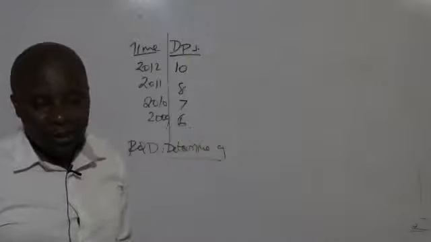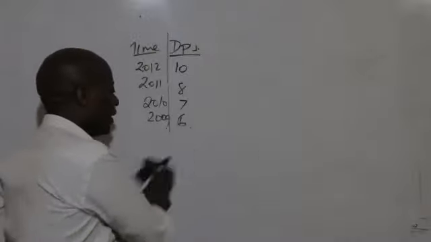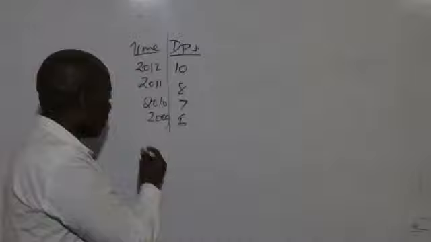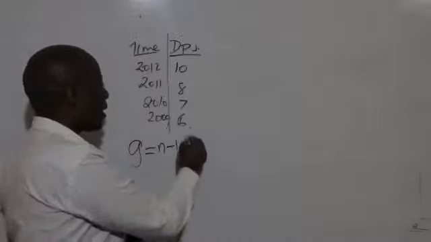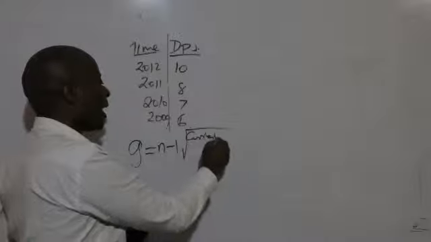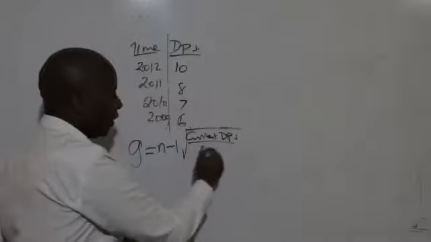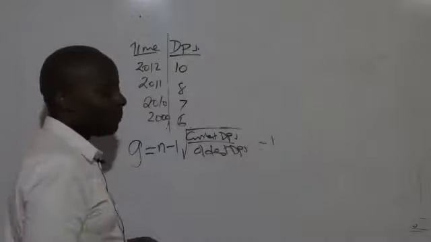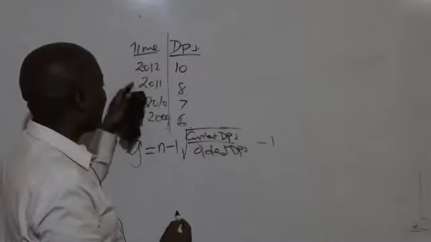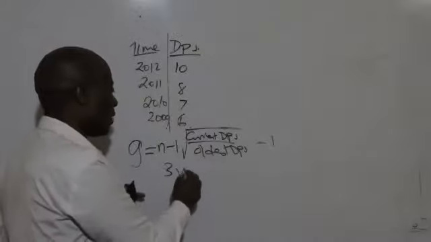So 18.6% is what they're getting, because they have remembered the formula very well: g equals the n minus 1 root of the current dividends per share over the oldest dividends per share, minus 1. The number of years n is 4, so 4 minus 1 gives me the cube root, the third root.